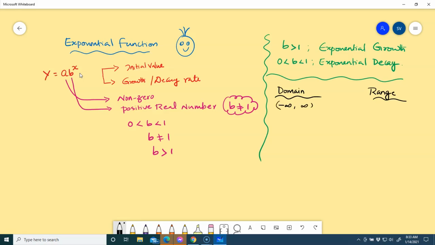You can understand this if I draw the graph of this function.